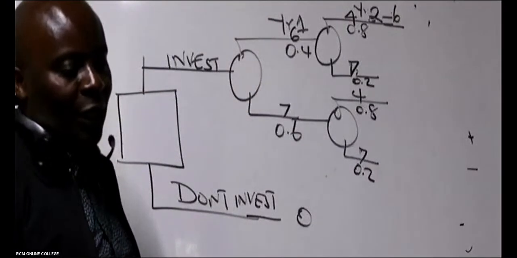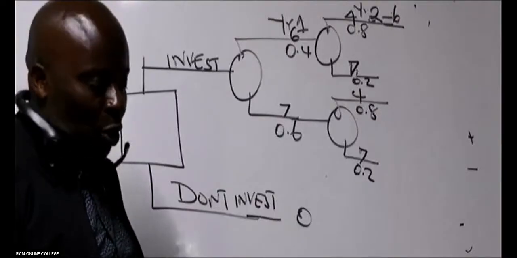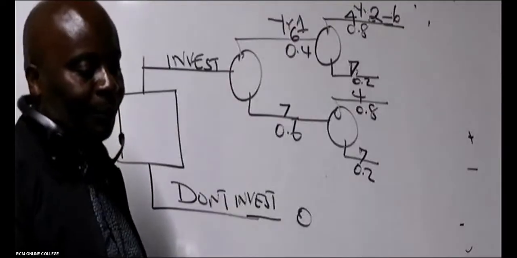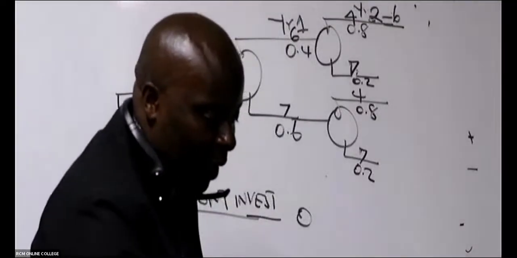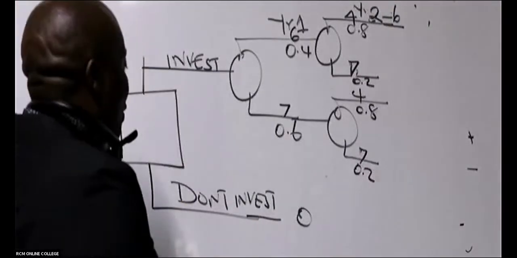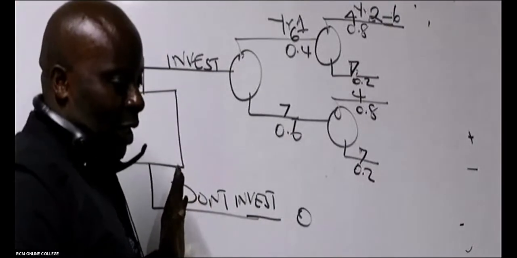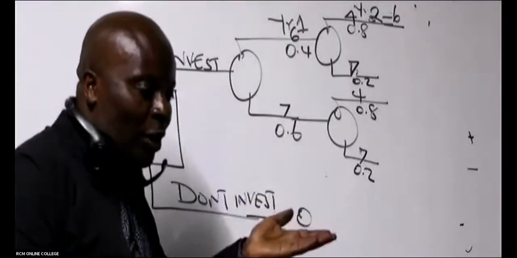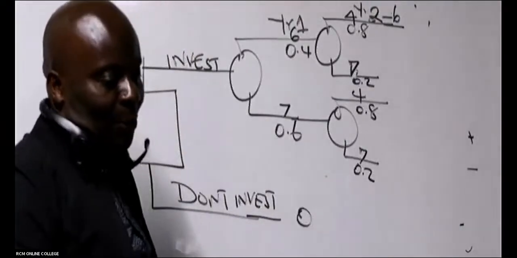So let me know whether, ladies and gentlemen, you've been able to finish writing up to here. The good thing with AFM, we shall always start with: do we invest or do we go without investing? If we go without investing, it's 0. If we invest, then we wait for some probabilistic outcomes.